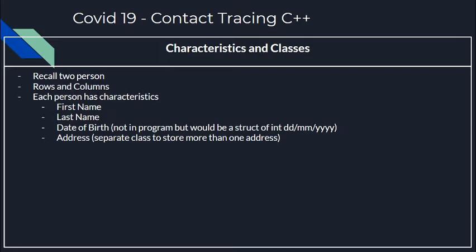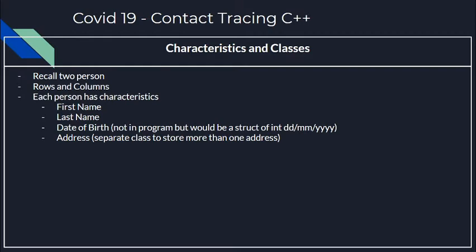Now the addresses, I've separated out into a separate class because a person can have more than one address. A person can have 100 addresses if they want, and we can facilitate that.